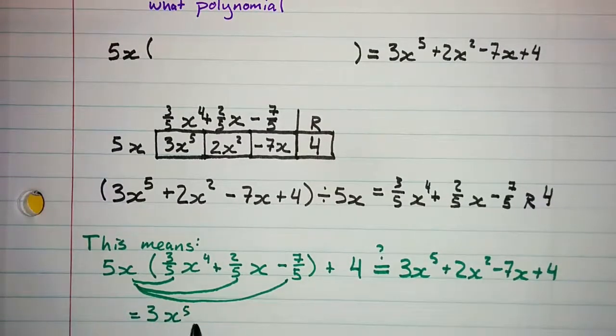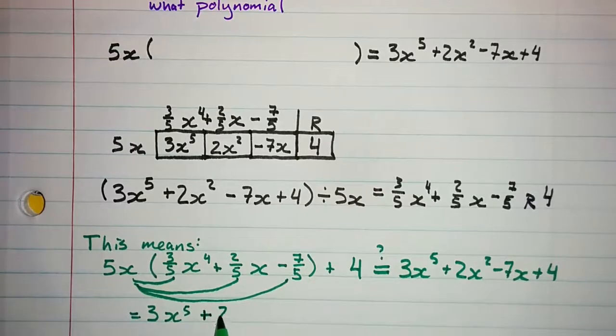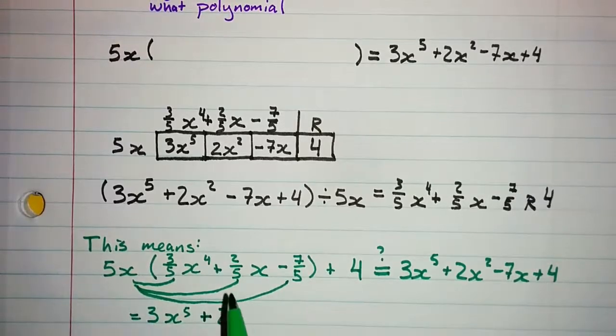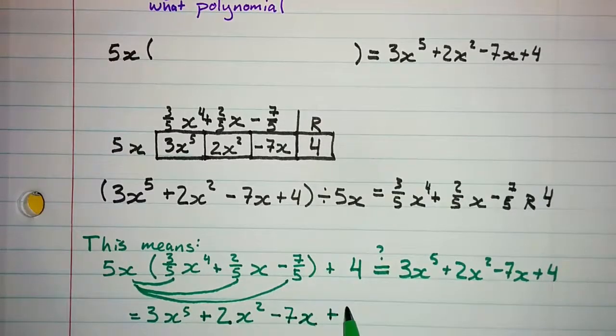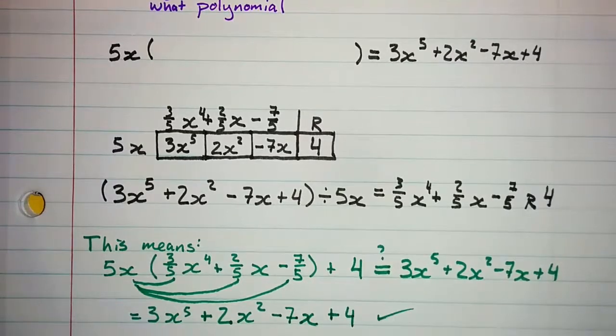Well, 5 times 2/5 again gives me 2. X times x is x squared. 5 times negative 7/5, that'll be negative 7, x, and then the plus 4 stays a plus 4, and this is what I hoped to see.